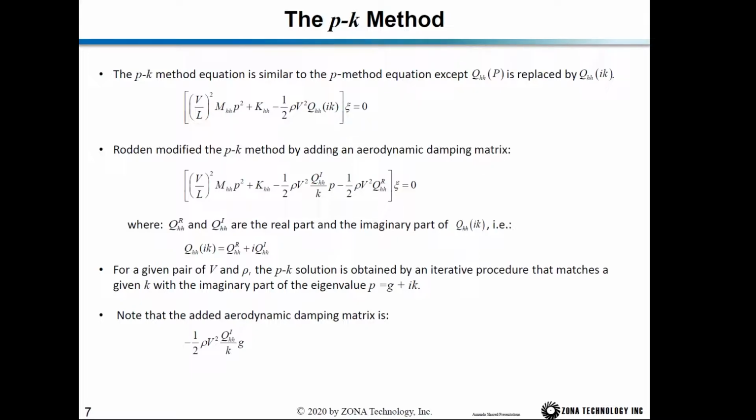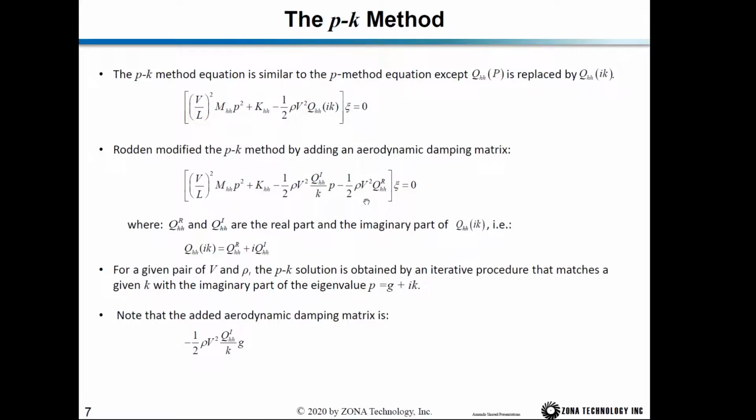When gamma equals 0, this k and this k cancel out, so this equation will go back to this equation. However, when gamma is not 0, you will find that we add an additional aerodynamic damping matrix to this equation, and this gives you the modified pk equation.